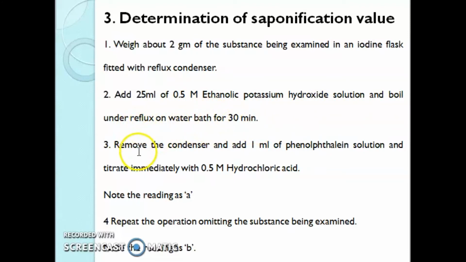After that, remove the condenser, add 1 ml of phenolphthalein solution and titrate with the 0.5 molar hydrochloric acid solution. Whatever the titration reading is, that will be your reading B. From this we can conclude that A will be the sample reading and B will be the blank reading.